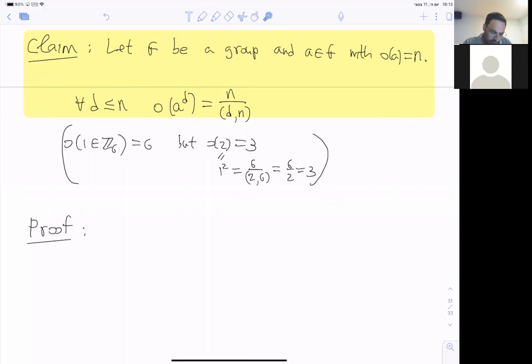First, that this element to the power of this given number is e. We call it feasibility, I mean, that it is possible, that this is a possible number which can be the order. The next thing we should show is that this is the minimal such.